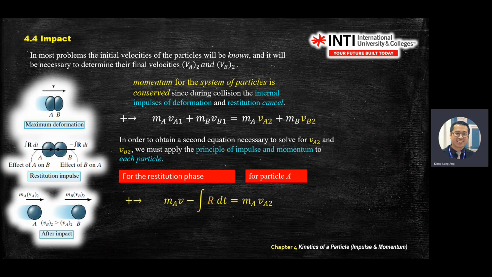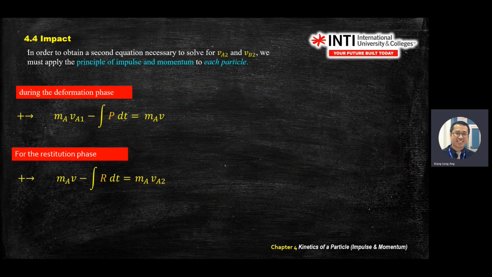This is before the split; you still feel that the body is still being pressed. So you have two formulas on the screen here, one is deformation, one is restitution. Try to understand what is restitution and what is deformation.